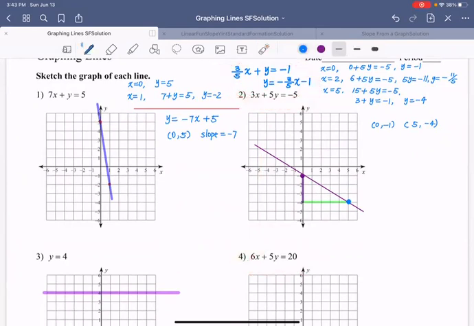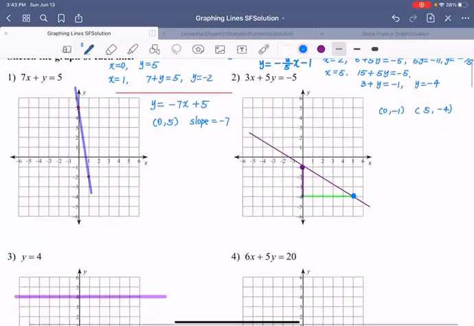So 6x plus 5y equals 20. So you can divide by 5. You can divide 20 by 5, so that would be 6 over 5 x plus y equals 4. Next. So then you would bring 6 over 5 x to the other side, so it would be negative 6 over 5 x plus 4. Thank you.